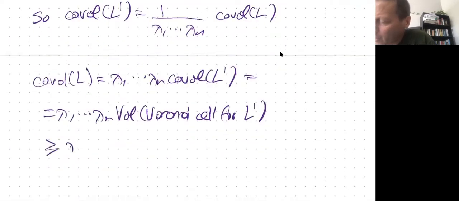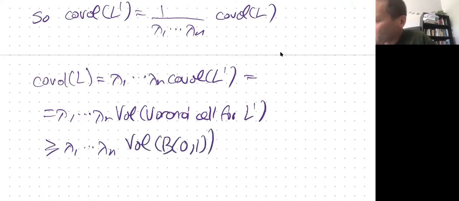This is greater than or equal to the volume of the ball of radius 1/2, as we saw. And so this is lambda 1 up to lambda n divided by 2 to the n.